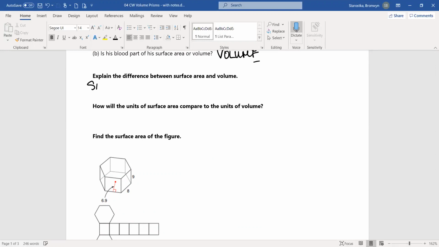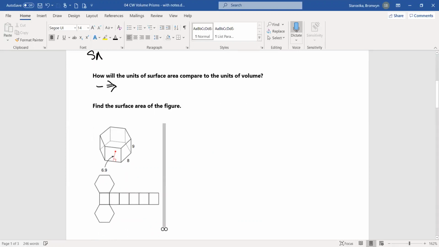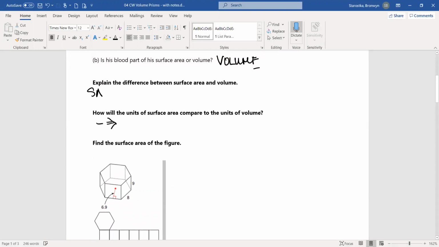Surface area. When we talk about surface area, it's the sum of the areas of all the faces.